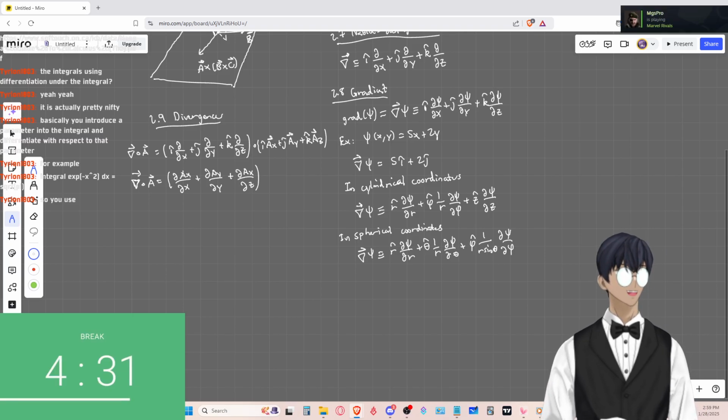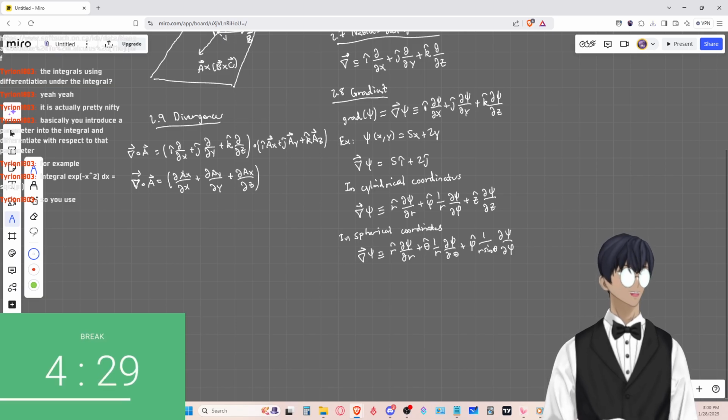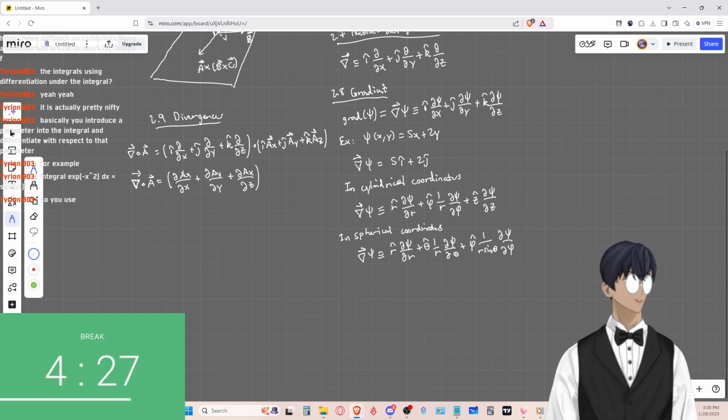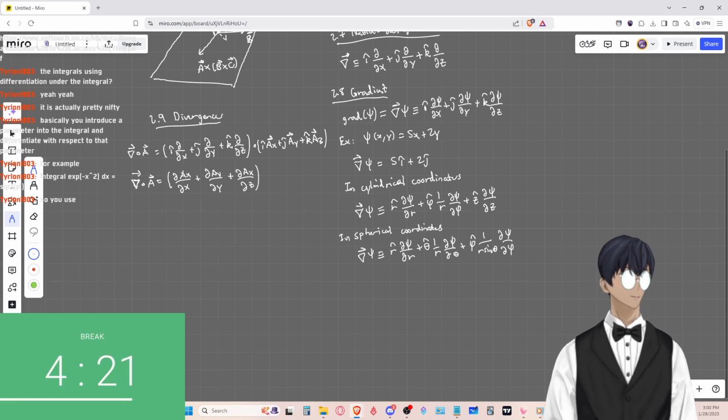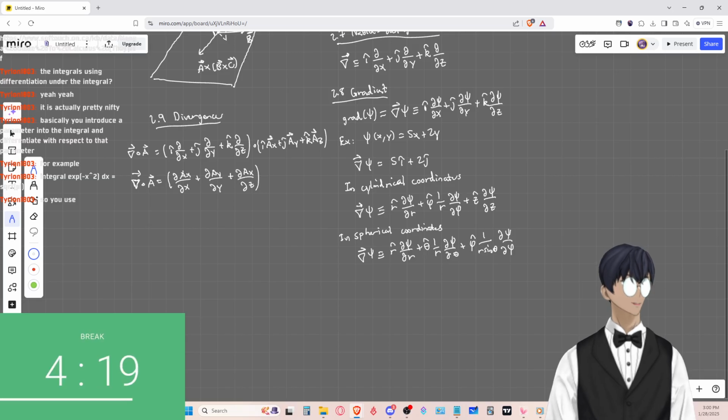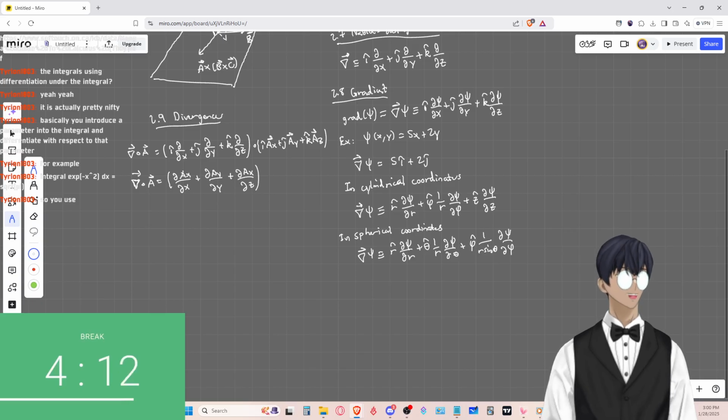So you differentiate inside the integral. That I understand, but you actually add a new parameter, right? It could be t, it could be anything, as long as it makes the integral simpler to solve and you differentiate within it. Because I think you're supposed to use a partial derivative when you're integrating inside.